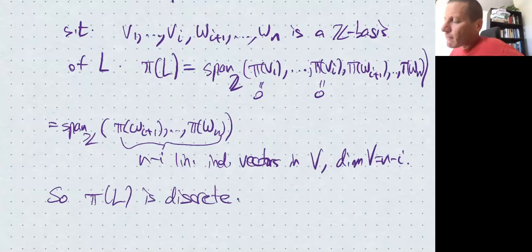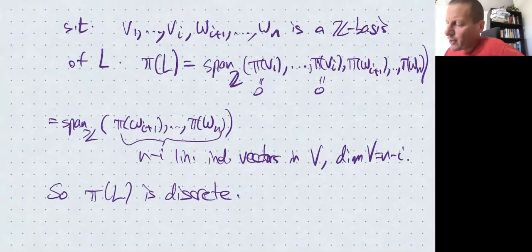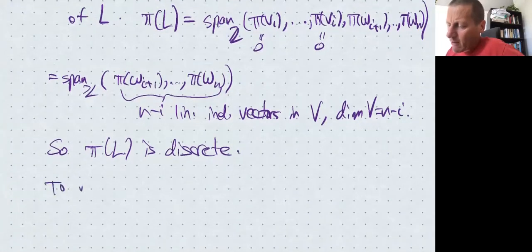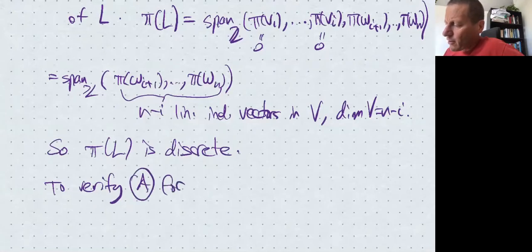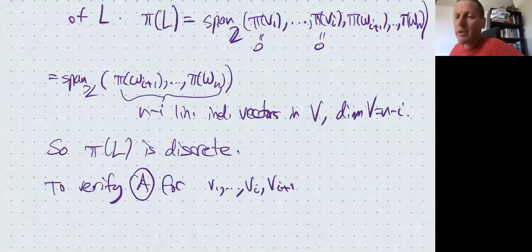And so now the algorithm is well defined, and we're going to verify A for the collection that you get by adding v_{i+1}.